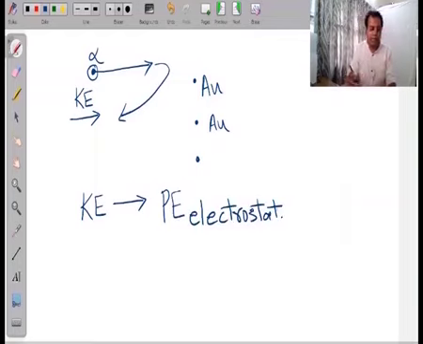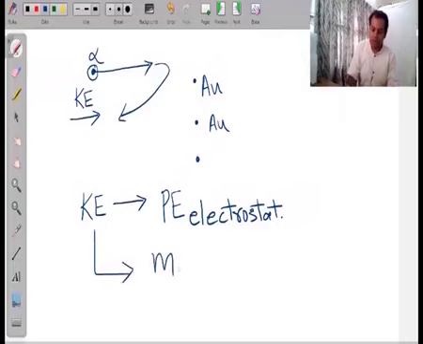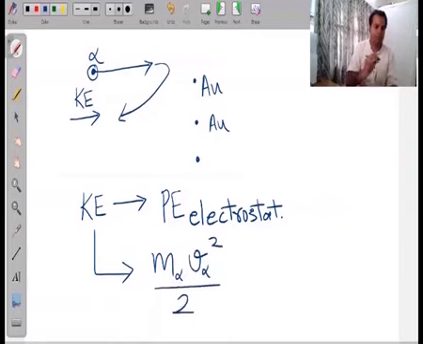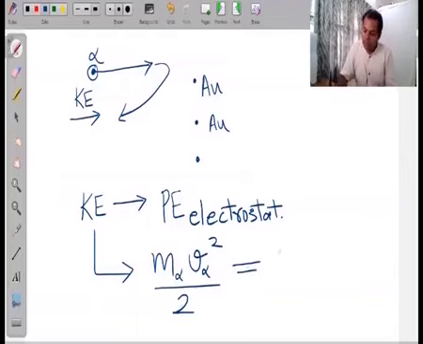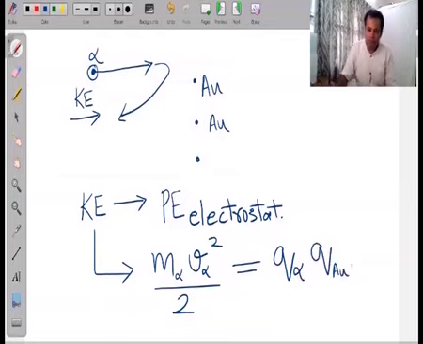The initial kinetic energy is simply the mass of the alpha particle times the velocity of the alpha particle squared upon 2. And this will be equated to the potential energy, which is the charge of the alpha particle times the charge of the gold nucleus, divided by 4 pi epsilon naught d.